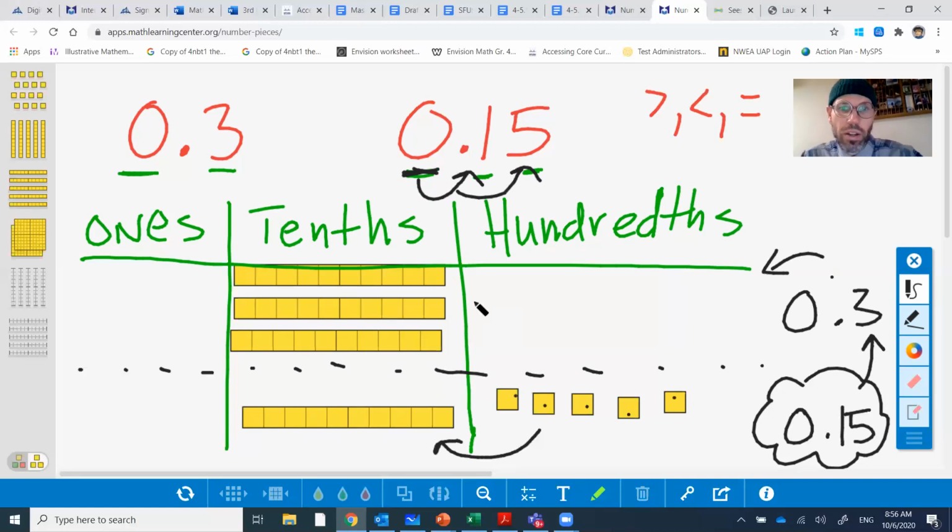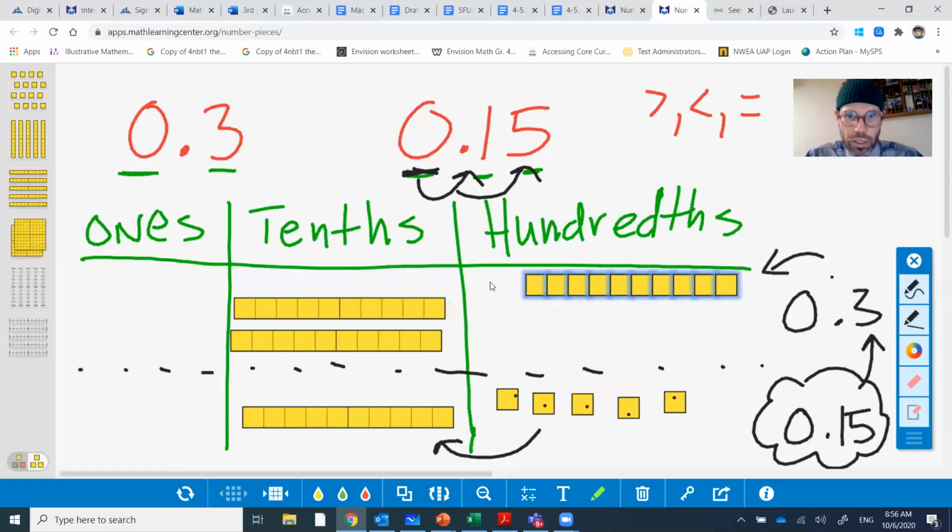And we could break all that down, right? We could actually turn all of these into hundreds. Let's see what happens if we do that. If I took this tenth and I broke it apart into hundreds, I would get 10 hundreds. So actually just move this over here and you can see this would break into 10 little pieces. Now, when I put them together, it just makes 1/10, right?